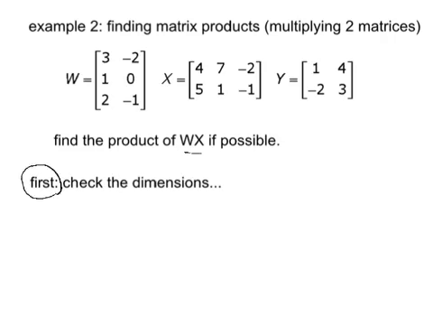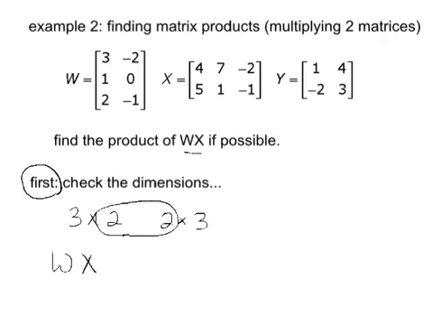The first thing we need to do is check the dimensions. W is a 3 rows by columns, and X is a 2 row, 3 column. My inner numbers match, so WX is going to be a 3 by 3.